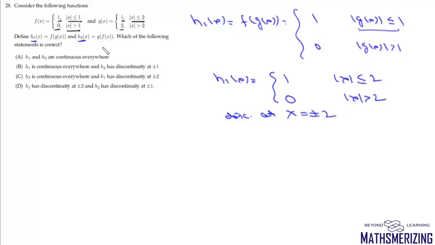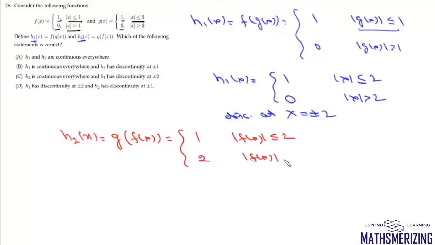Now what about h2(x)? Now h2(x) is g of f(x). Now g of f(x) will be 1 when |f(x)| is less than or equal to 2, and will be 2 when |f(x)| is greater than 2. Now f(x) can take the value 1 and 0. So that means it cannot take the value greater than 2.